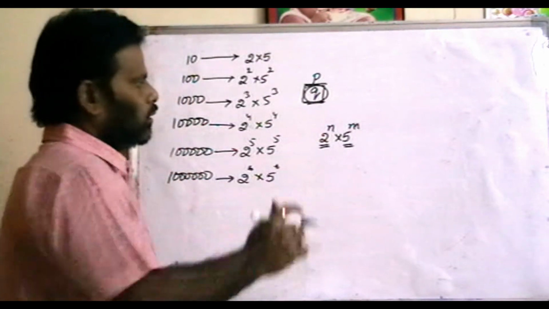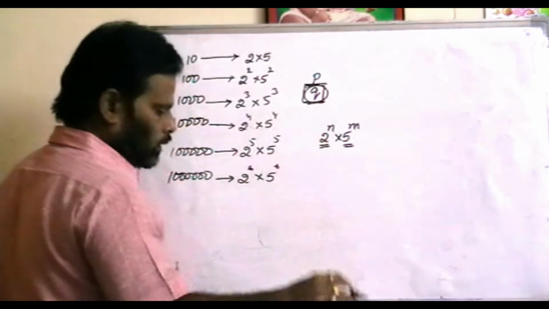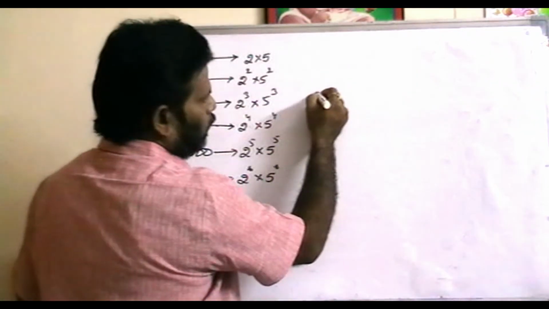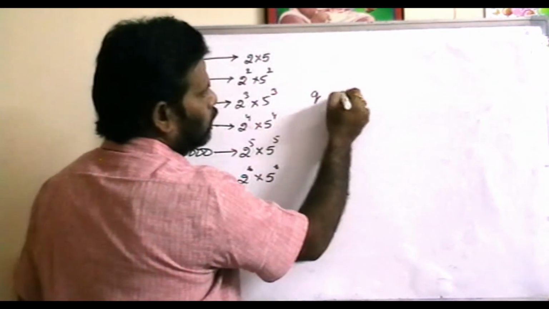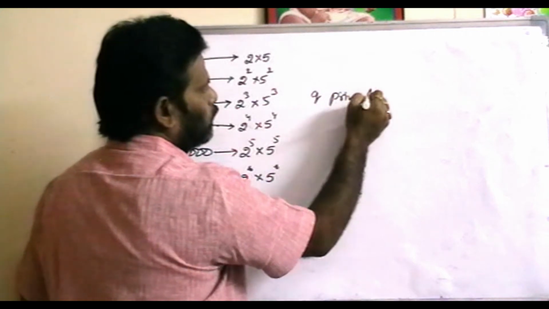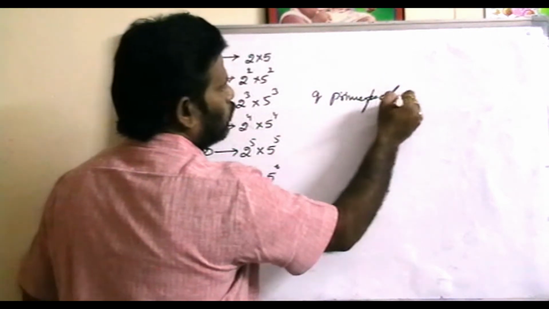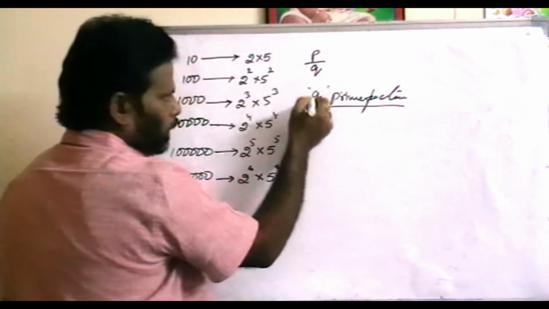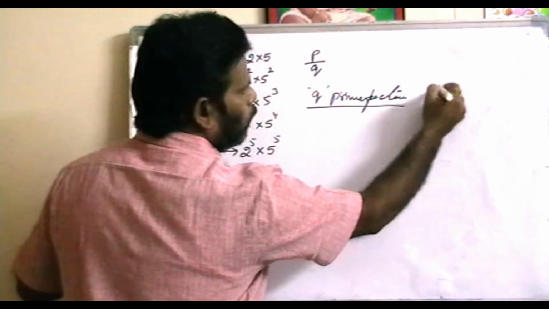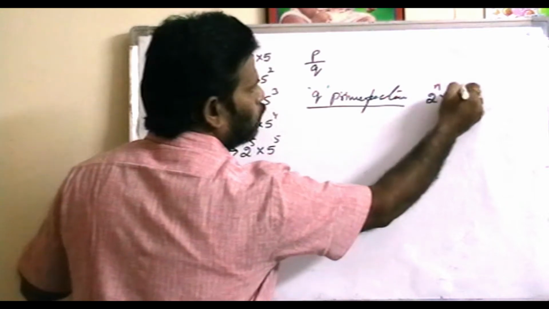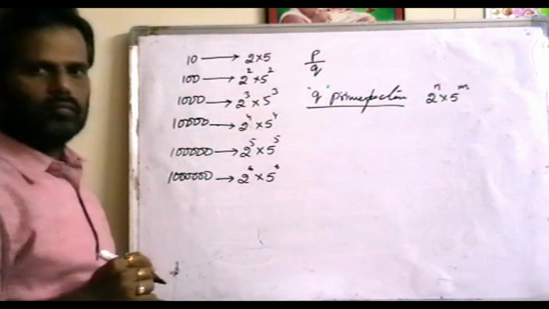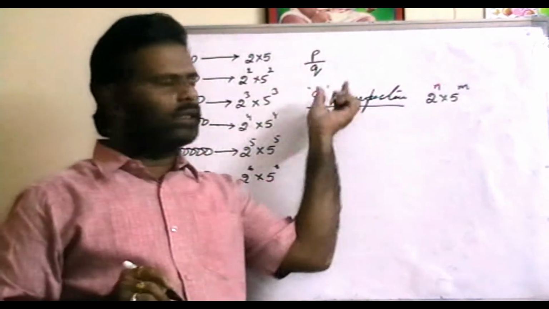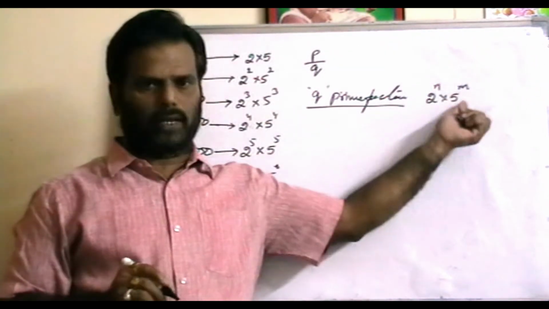So the denominator q in p by q should have prime factors only of the form 2 power n into 5 power m, only 2's and 5's.